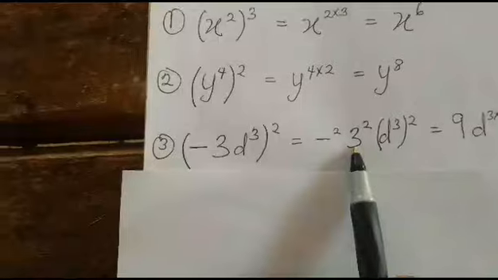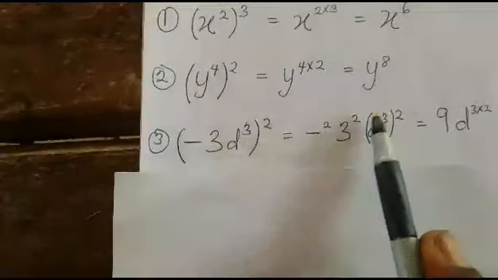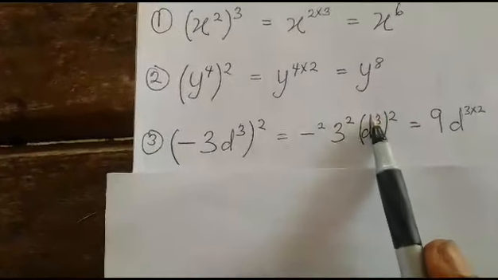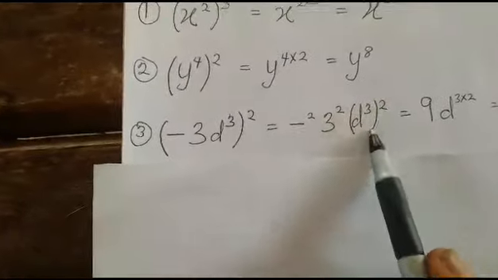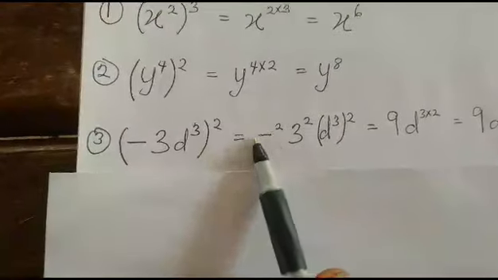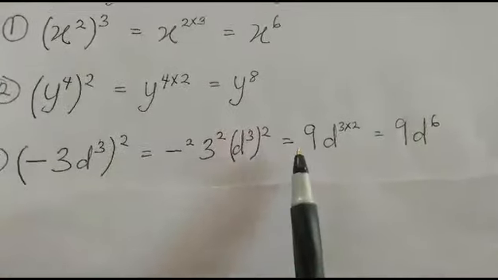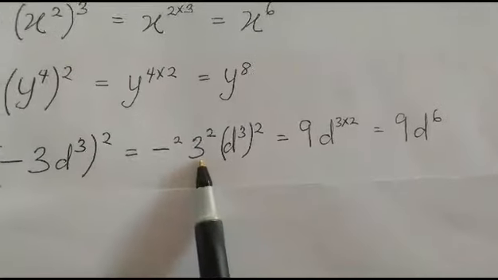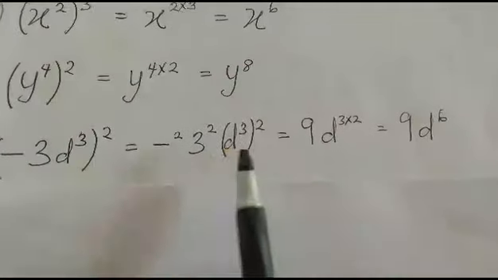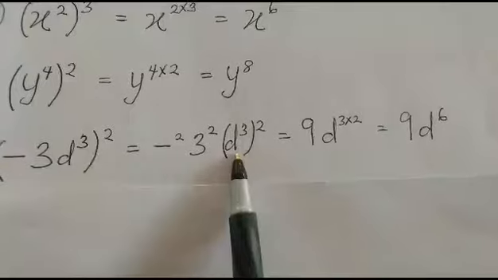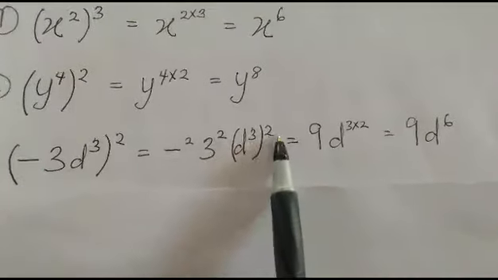It will affect this 3, making 3 squared, and it also affects this d raised to power 3. So everything will now be squared. Minus squared is minus times minus, which will give us plus. Then 3 squared is 3 times 3, which will give us 9.